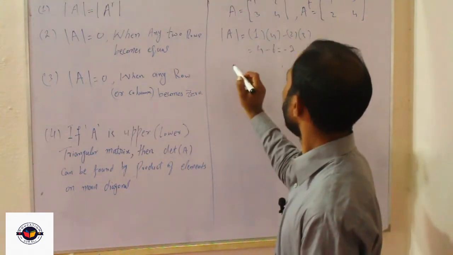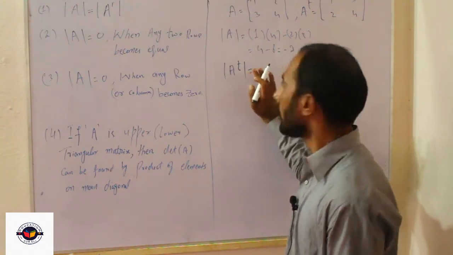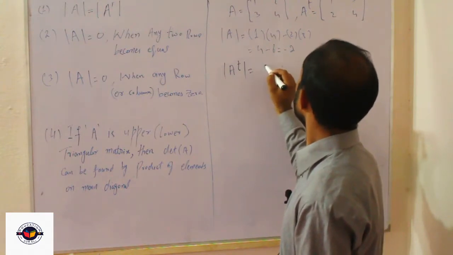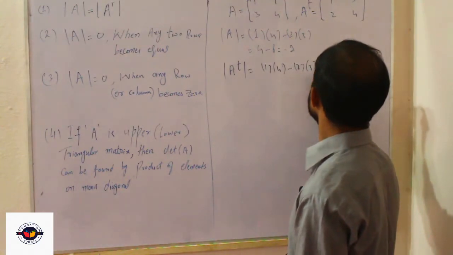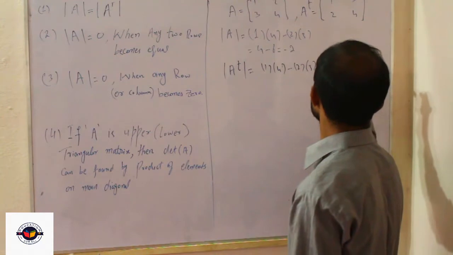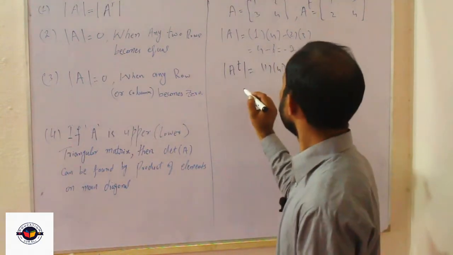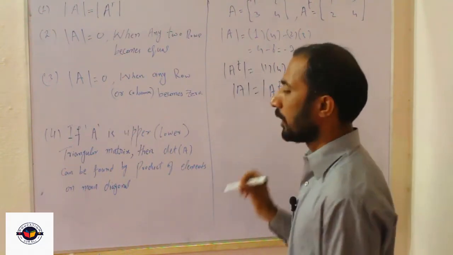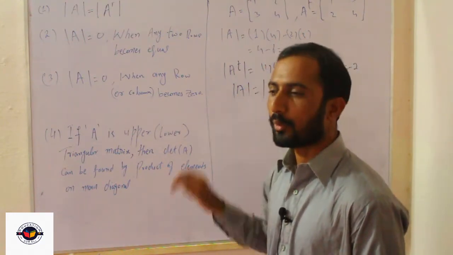Now the determinant of A transpose will be 1 into 4 minus 2 into 3, so it becomes 4 minus 6, that is minus 2. So from the example, students, you have seen that the determinant of A is equal to the determinant of A transpose. So this was the first property.